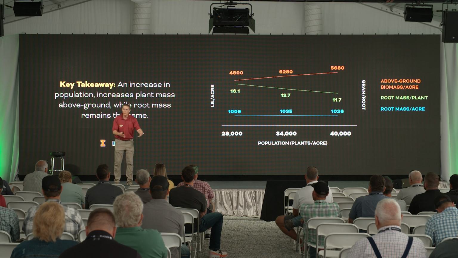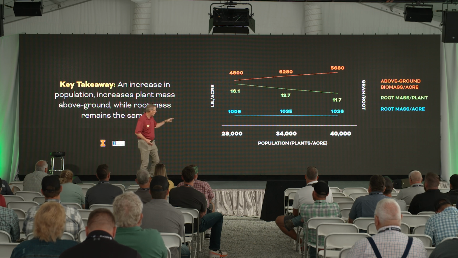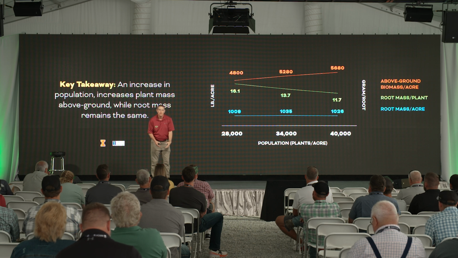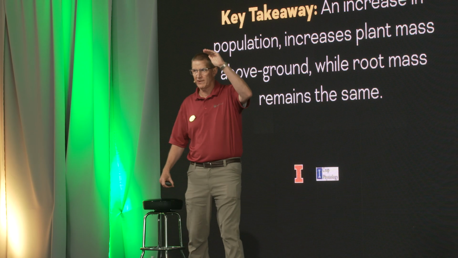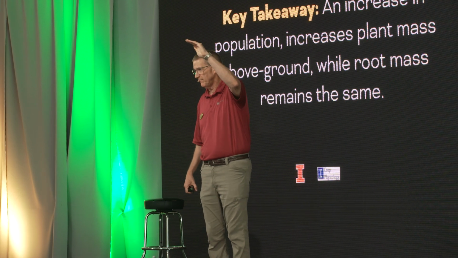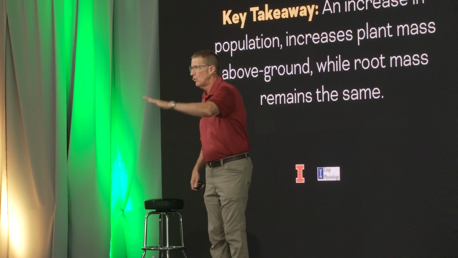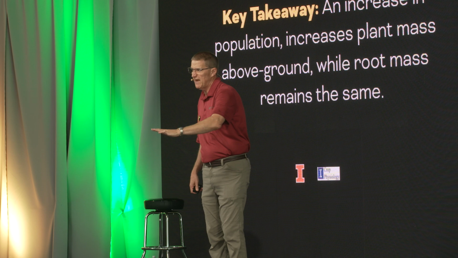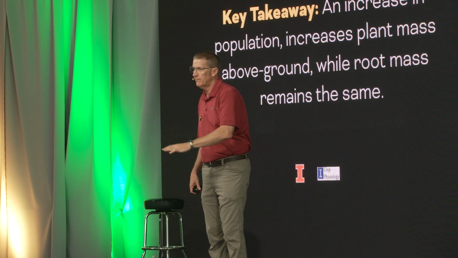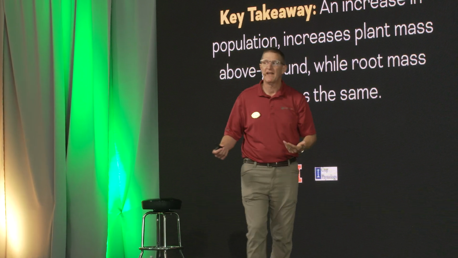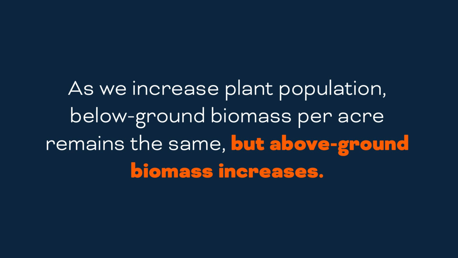Now, because we're adding more plants, overall, our root mass per acre is relatively flat. But if you compare the orange to the blue, what we're saying is you're supporting a significantly increased amount of above ground biomass with virtually the same below ground biomass, root size. So does that change how you have to fertilize? That's what we're trying to understand.